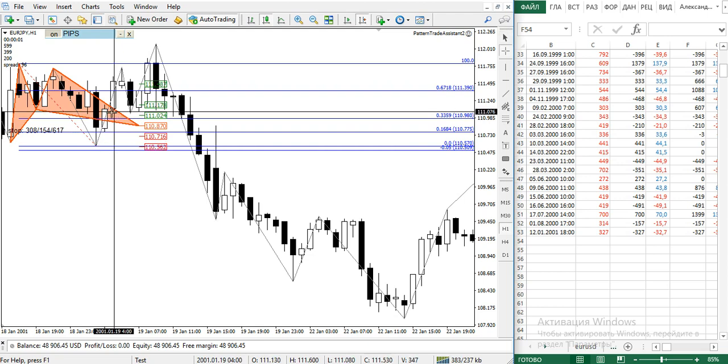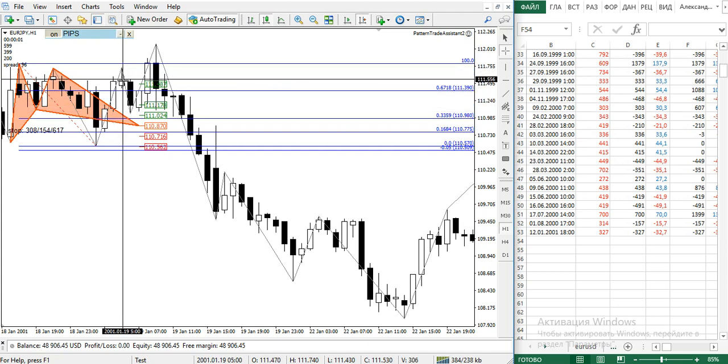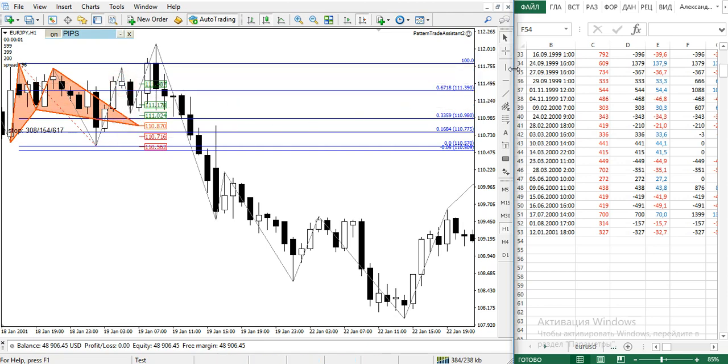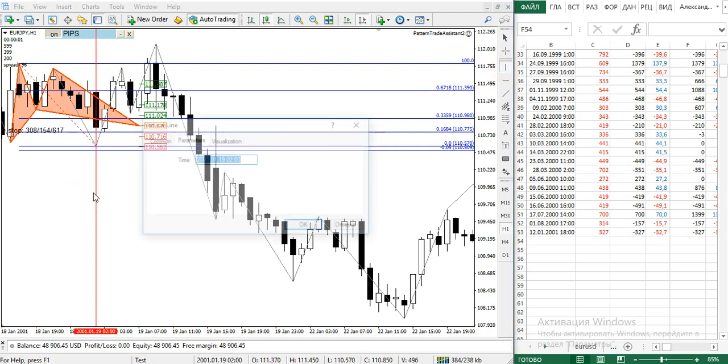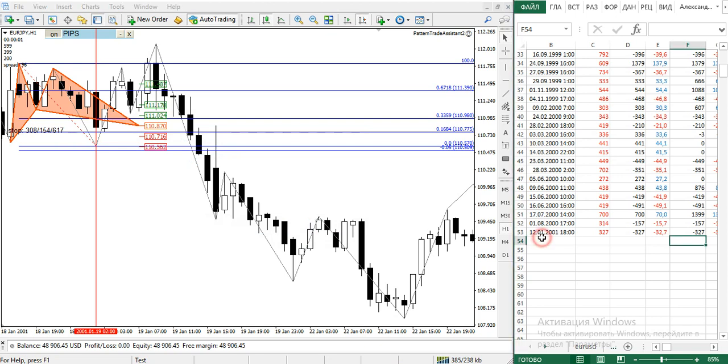And then we reversed and we hit target 1, it is here, and then we hit target 2, a good winner. Both targets winner. 308, then we have 308, and then we have 61.7.